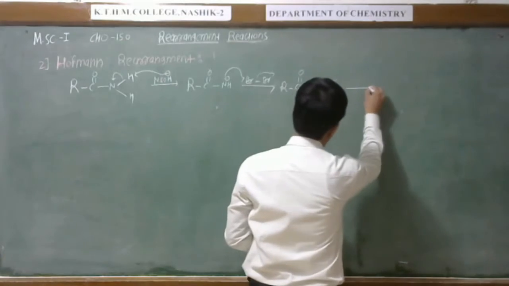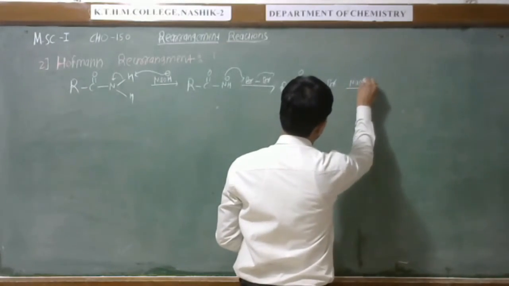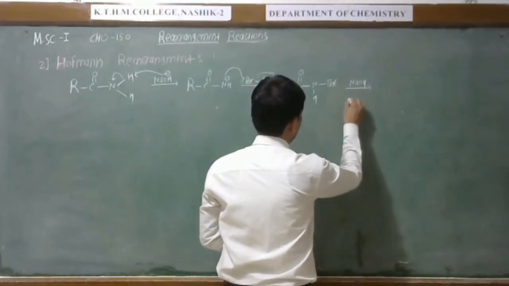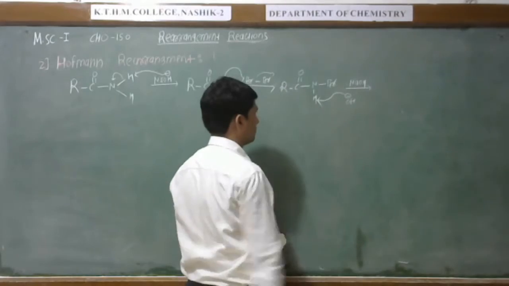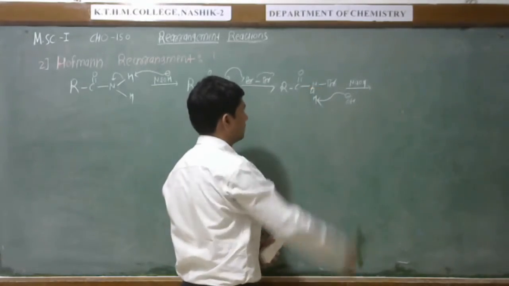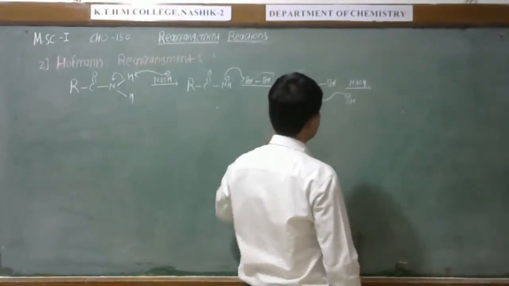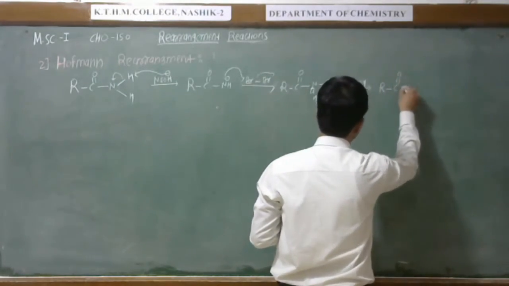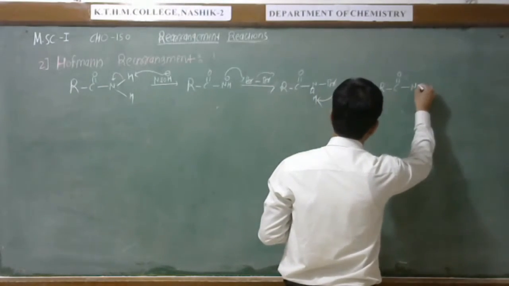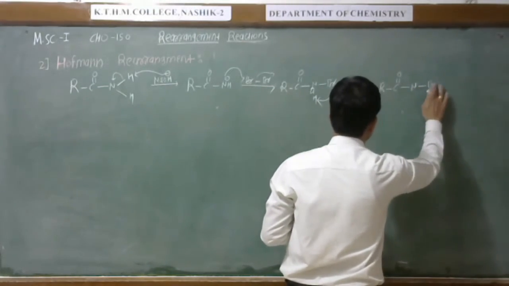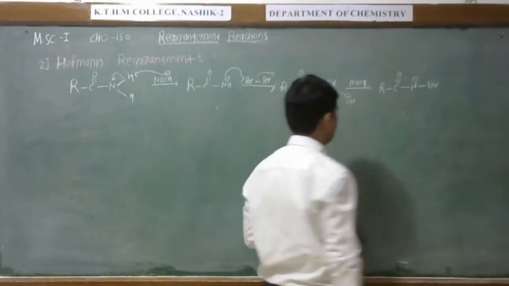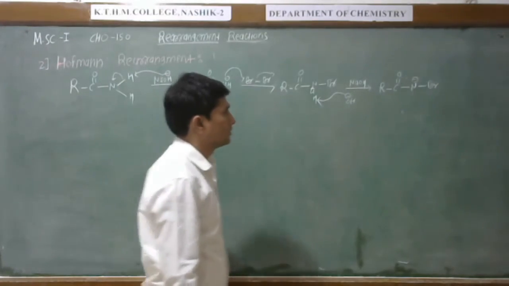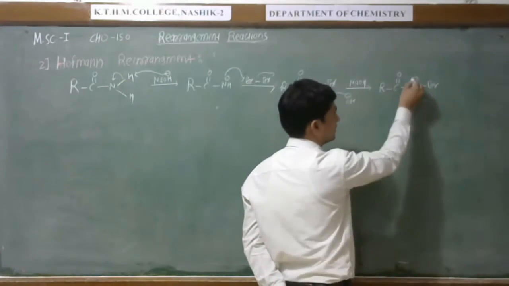When this N-bromoamide further reacts with another molecule of base, this hydroxyl ion absorbs this proton, and there will be formation of a negative charge on this nitrogen. This is R, this is C double bond O, this is nitrogen, and this is the bromine. Now, as this nitrogen has a negative charge, it will be a very reactive species.